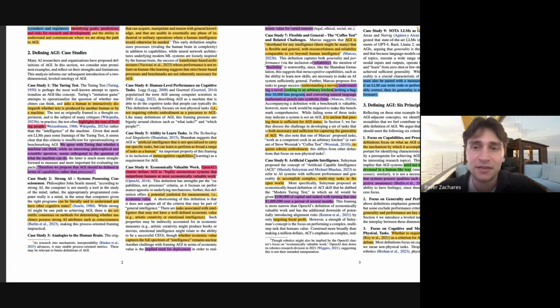Okay, and the next case study is about economically valuable work. It says over here, OpenAI's charter defines AGI as highly autonomous systems that outperform humans at most economically valuable work. This one really talks about how we should measure, not that the paper does, but that we should measure intelligence based on economic value.